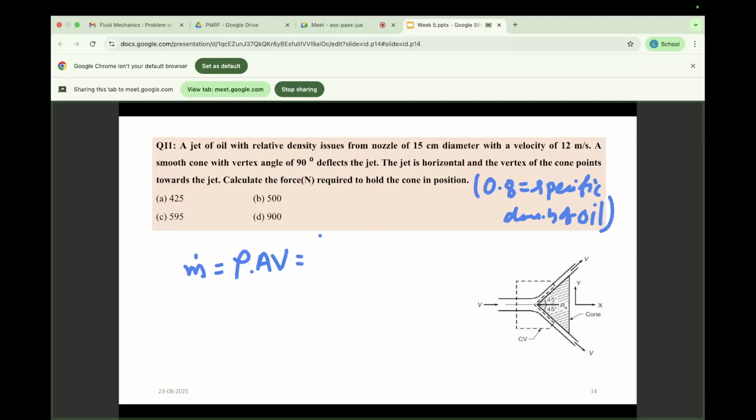By mistake it is not provided. So I can write the density as 800. And what should be the area here? Area should be pi by 4 into d square. What is d? 0.15 square, right? This is the area.